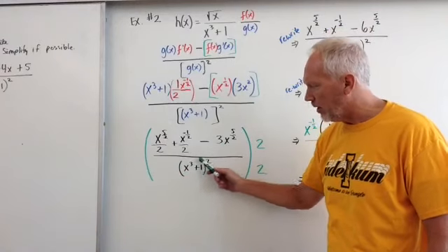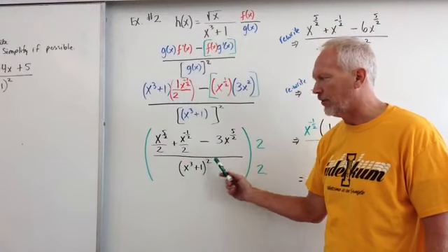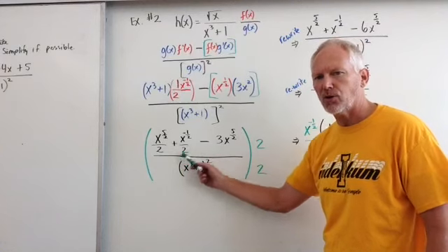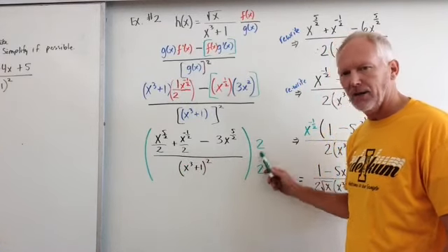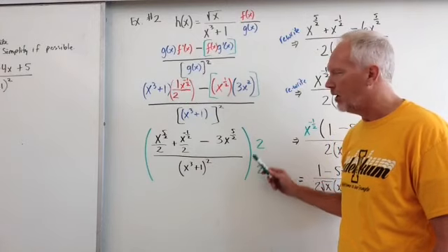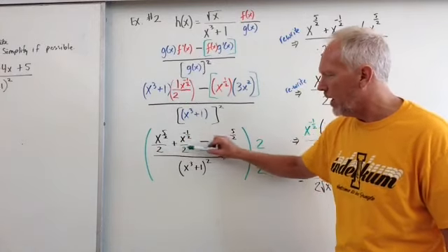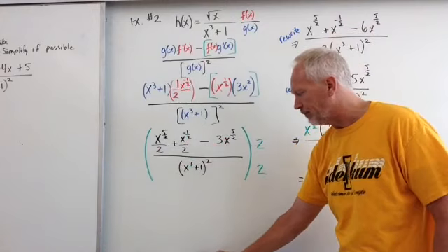And at the bottom, x cubed plus 1 squared. Haven't done really too much. I want to get rid of these 2's, so I'm going to multiply top and bottom by 2. That will eliminate anything here in the denominator.